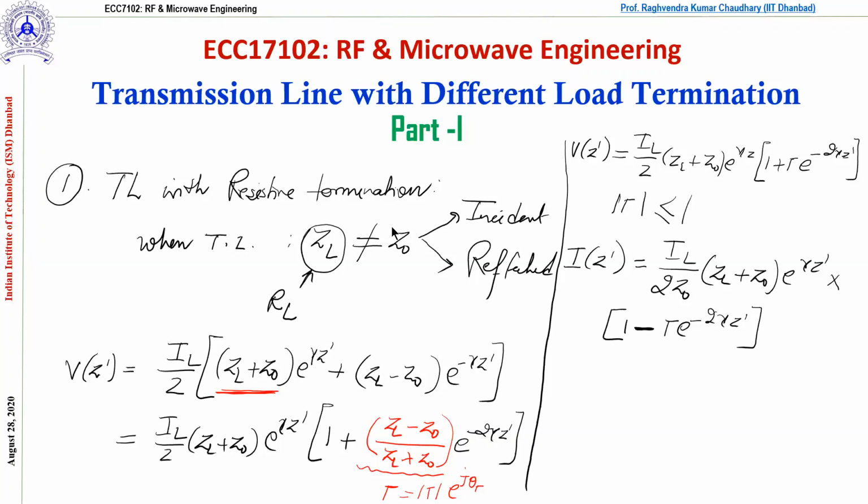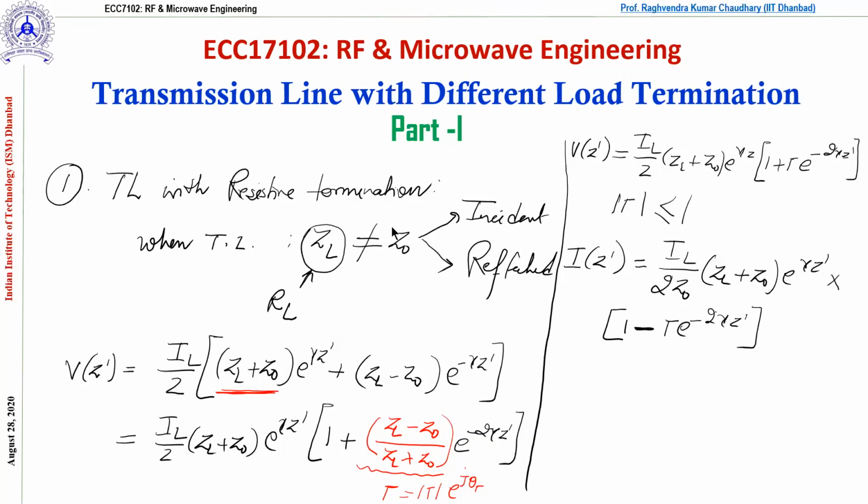So usually in RF and microwave engineering, we initially ignore the losses. Theoretically, we take the lossless transmission line, and then afterwards we incorporate the losses. This is one of the usual practices for the solution of transmission lines. Correct. So the same thing we will opt for here.